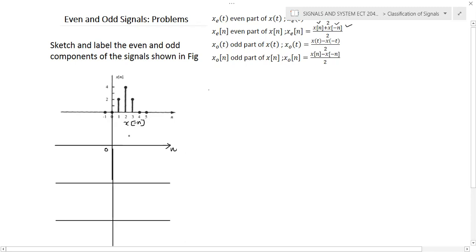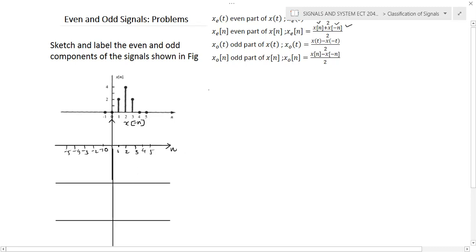Okay. So in order to find x of minus n, assume that this is the signal x of minus n, and n is equal to 0, it's 2, 3, 4, 5, etc. Similarly for the negative side, the index value is minus 1, minus 2, minus 3, minus 4, minus 5, etc. Now we need to find the signal x of minus n. So simply rotate the signal at n is equal to 0, you will get x of minus n.